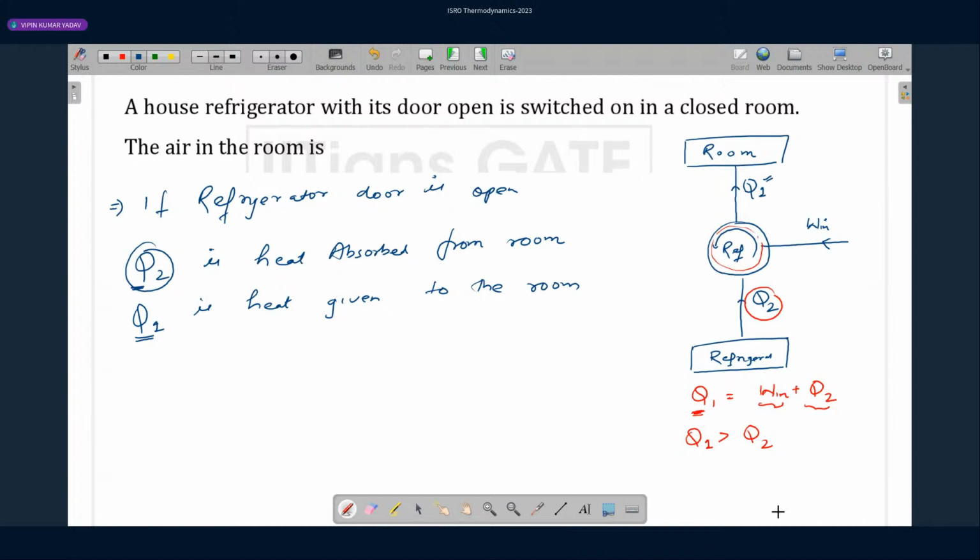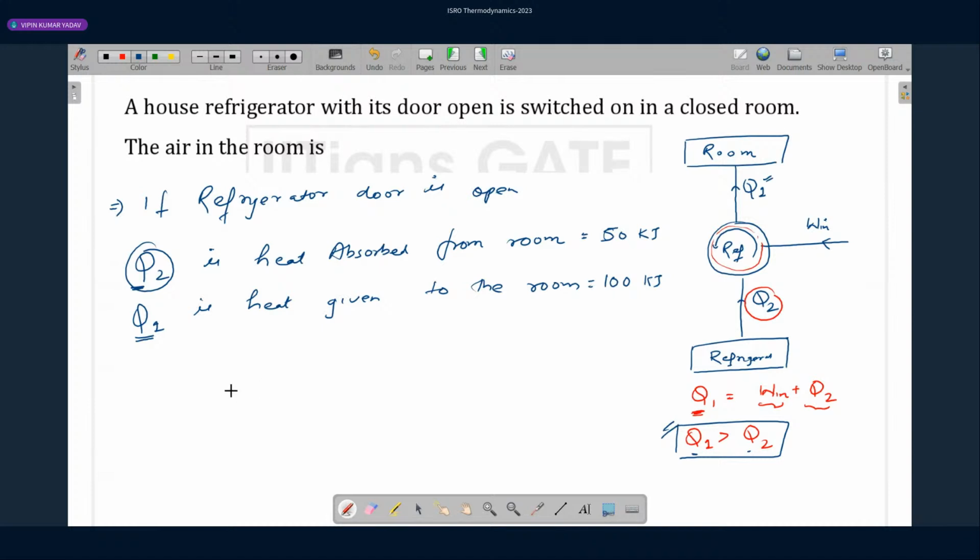Okay. So let us say, and we know this logic as well, that Q1 is higher than Q2. So let us say that we are absorbing 50 kilojoule of heat from the room, but we are giving 100 kilojoule because it is greater. So what will happen with the room air?